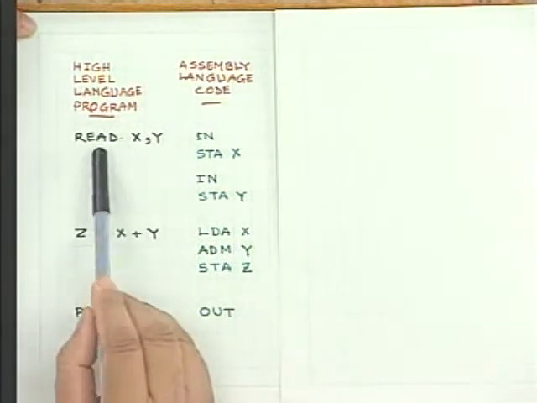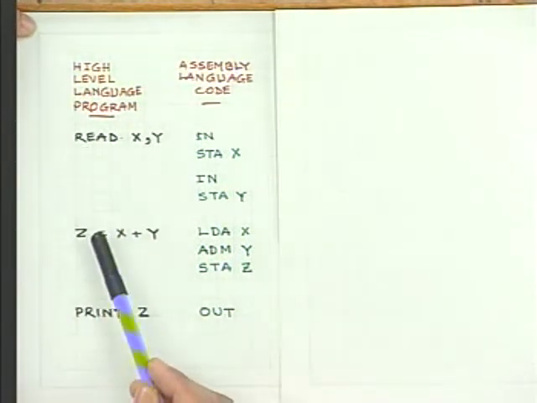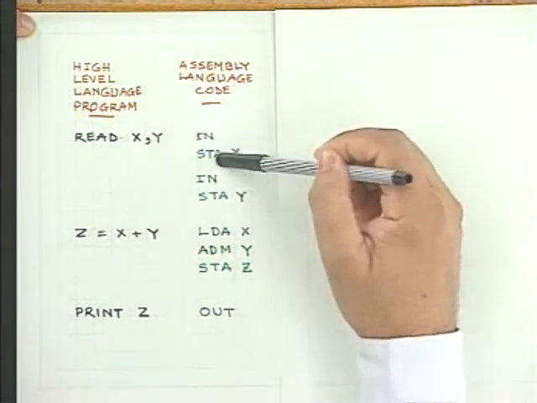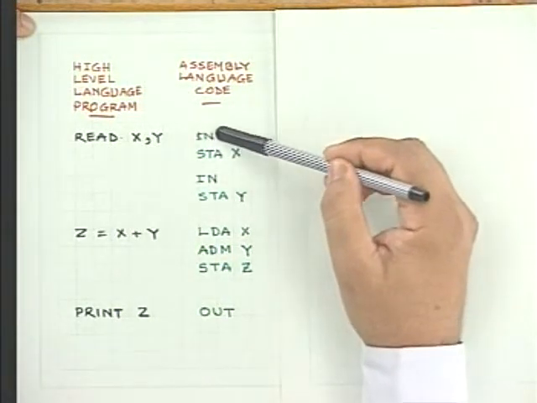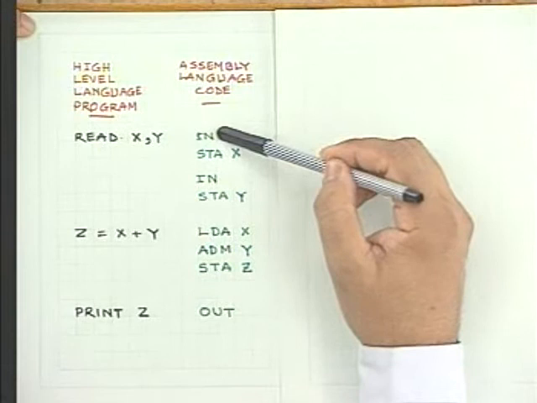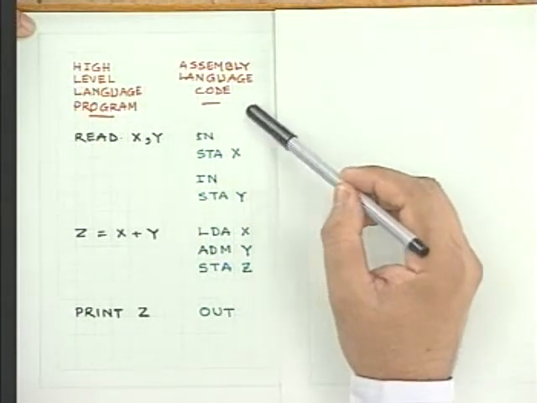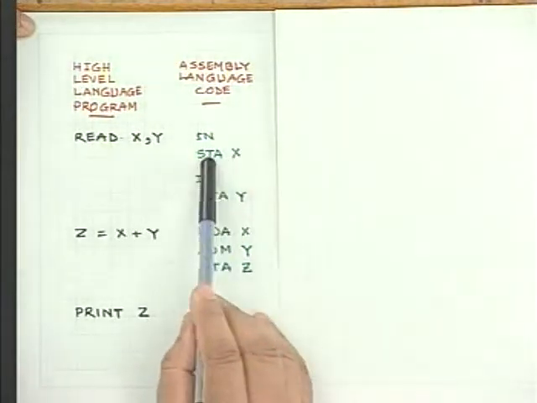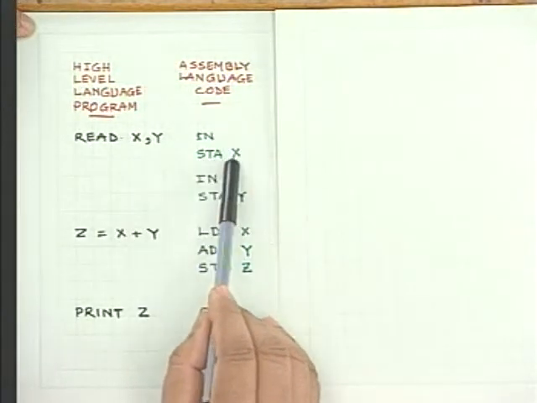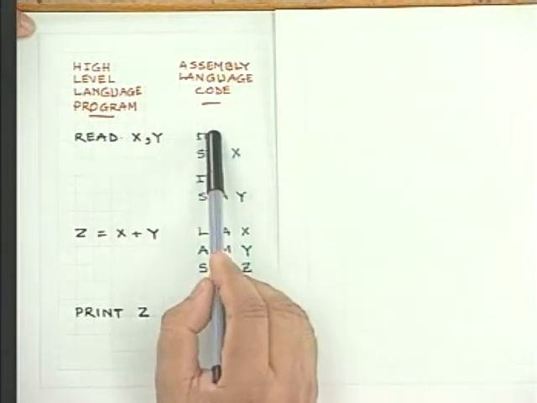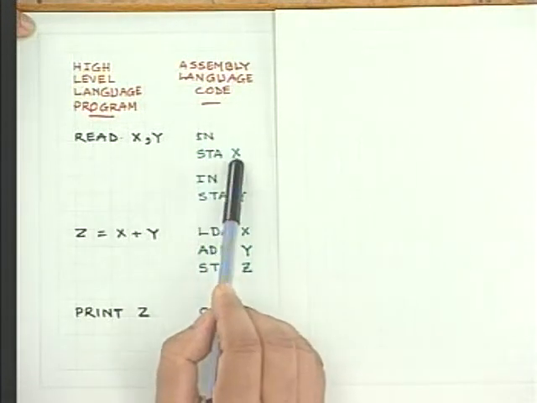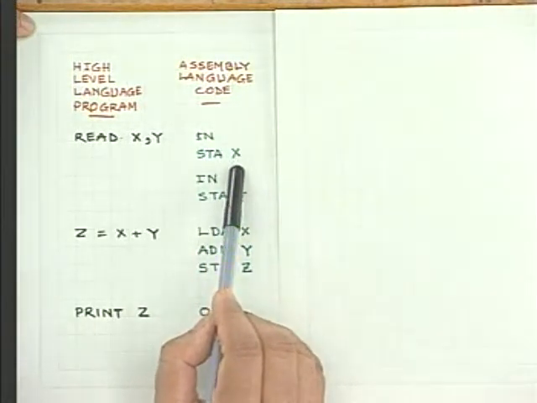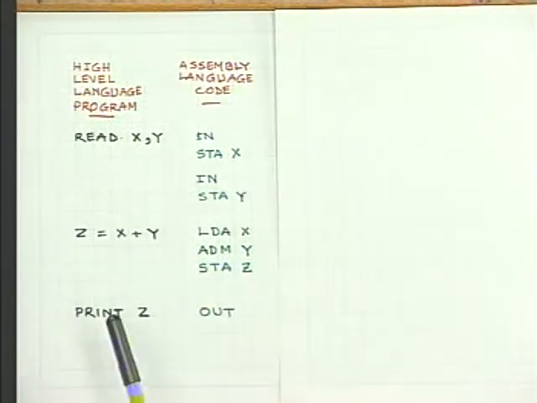Say this read x y will be translated into a statement which will mean that it will be inputting from some standard input device, and then store accumulator x, that means whatever has been inputted will be stored into the memory location x.